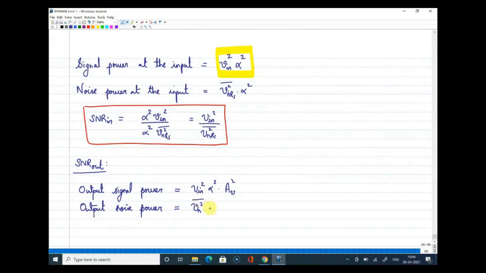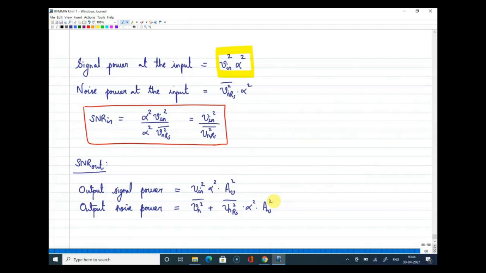Now to this, I should add one more component at the output. We know that noise terms can be added. One is available at the output directly and the other term is from the input. The noise power is also attenuated by the alpha term and amplified by the voltage gain term. So I can directly write it as Vn Rs square bar into alpha square into Av square.